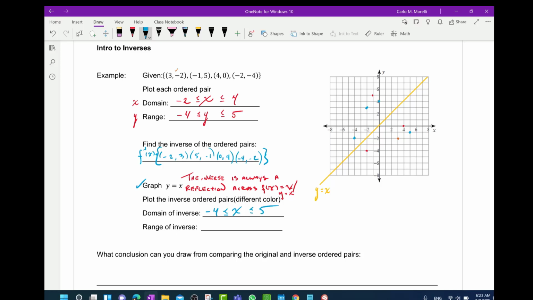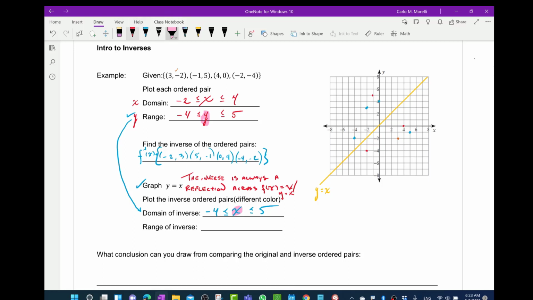So that was the range, and it's now the domain of the inverse. We should make a note that it's the same thing, but we switched the y and the x.